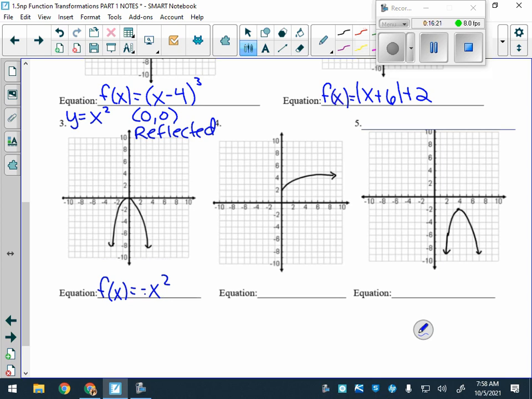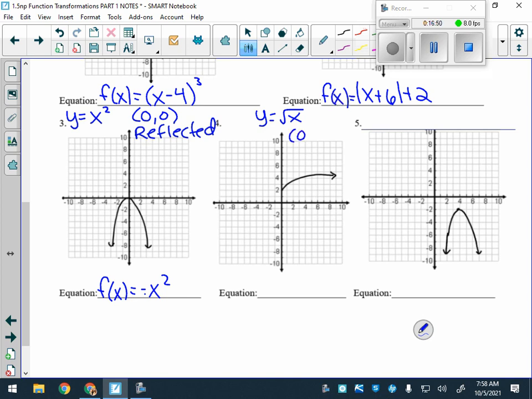Okay. For number 4, what is our parent function? Sorry? Square root. Good. So the square root of x uses a starting point. What is our starting point, which is also H, K? Porter? 0, 2.